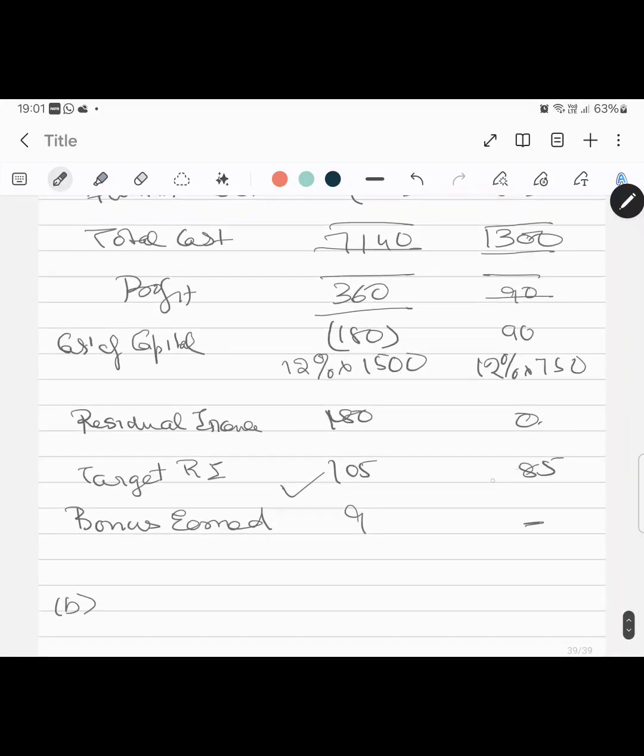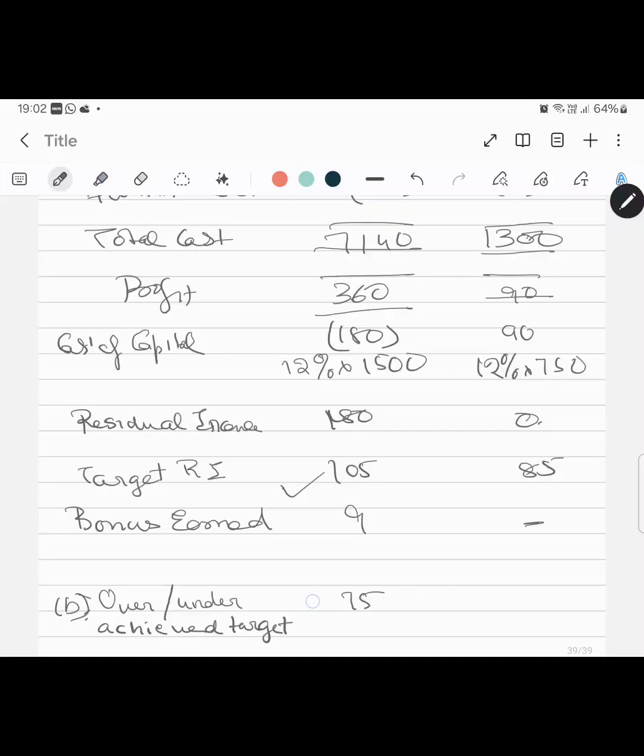First of all, how much is the target over and underachieved? Let me write it clearly. Over or under achieved target. So overachievement of the target is 105 minus 180, that is 75,000.